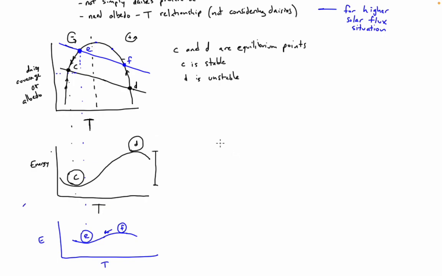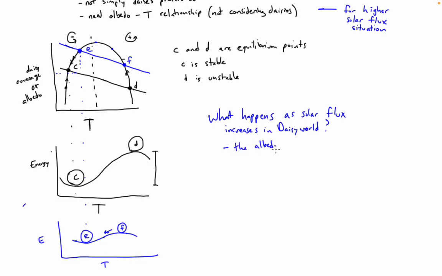So what happens, this is sort of just writing down what we've been describing. What happens as solar flux increases in Daisyworld? So we do that.